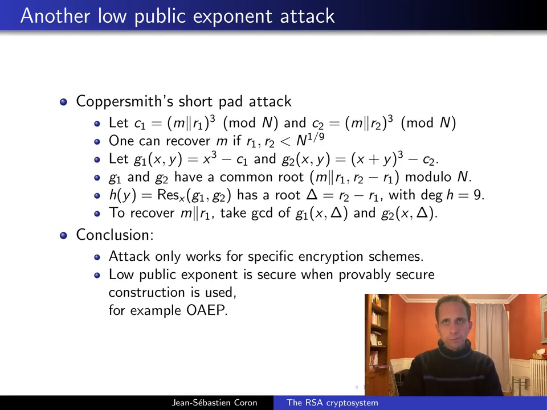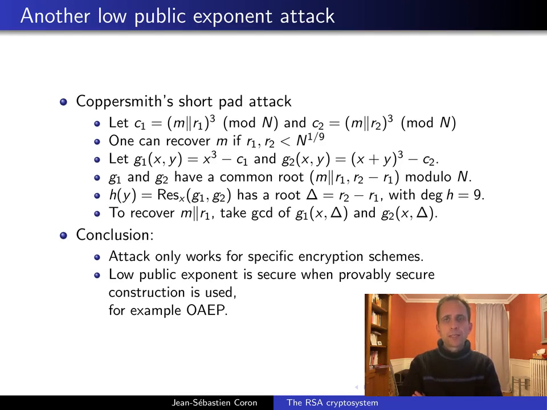G1 of x and delta, and G2 of x and delta, these two polynomials in one variable, are both divisible by x minus (M||R1). So we compute the GCD of the two polynomials, and we recover M||R1.